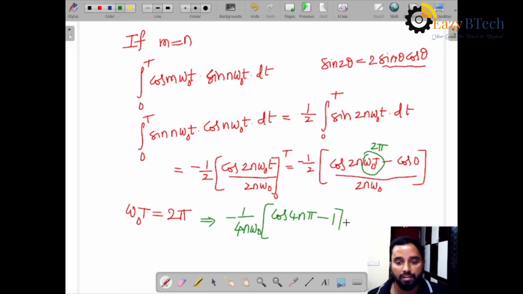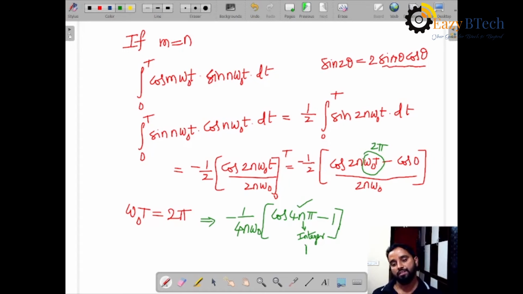Okay. And now what is the value of this cos 4n pi? Here n is an integer, any integer. You can take 1, 2, 3, 4, 5 and so on. N is an integer. So what will be the value of cos 4n pi? It is always 1.